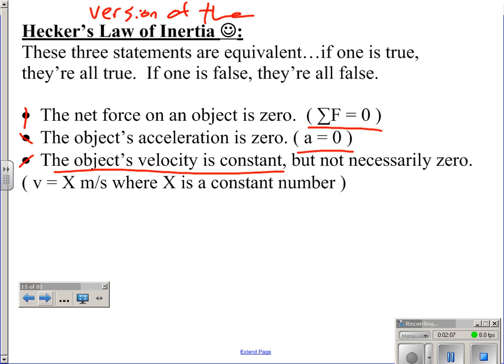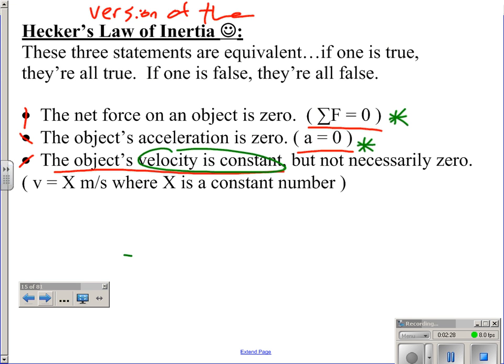And the last two you already know. You guys know that if the acceleration is 0, then the velocity is constant. You already know that. All right, so what's new to you is this piece. If those two things are true, it also turns out that the net force is 0. Now keep in mind, that doesn't mean that there's no forces. It just means that all of your forces cancel out.